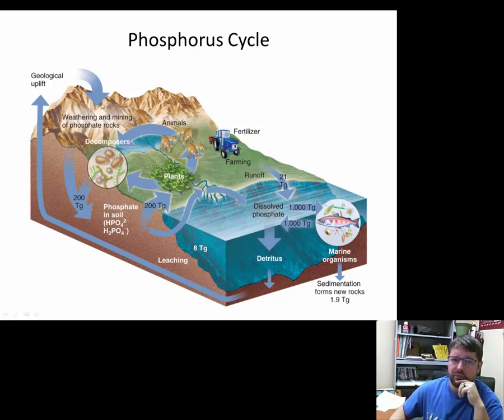It can go back into the soil, back into the water system. But it's the fertilizer runoff that can be a huge player and change the chemistry of the system. Mainly in freshwater systems, but you can still get it occurring in oceanic systems. But this is a big player in freshwater systems typically.